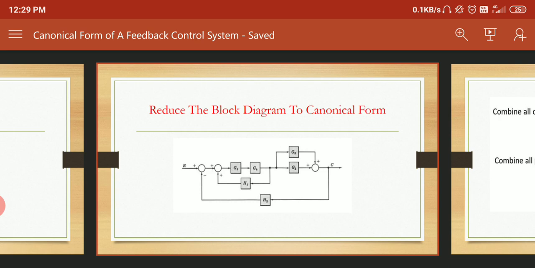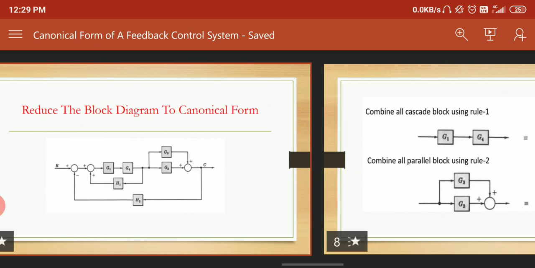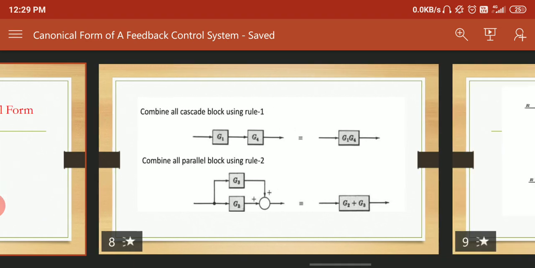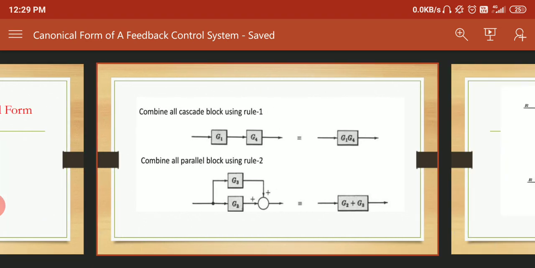For this example, let's go stepwise. In the first step, combine the blocks in cascade. Here G1 and G4 are in series, so let's combine them.